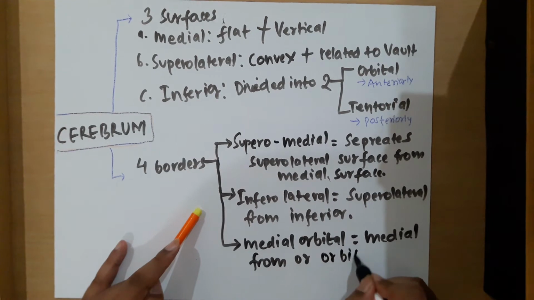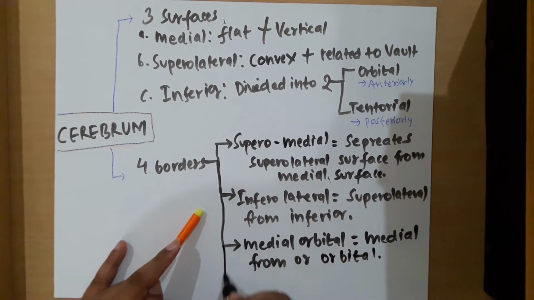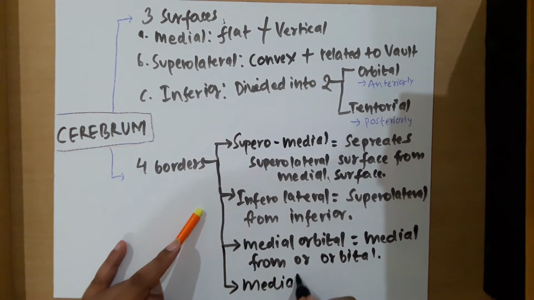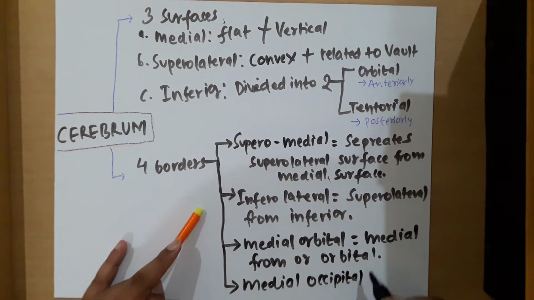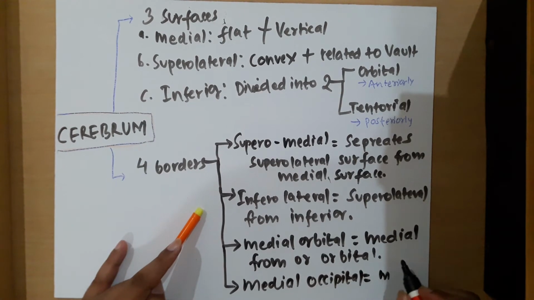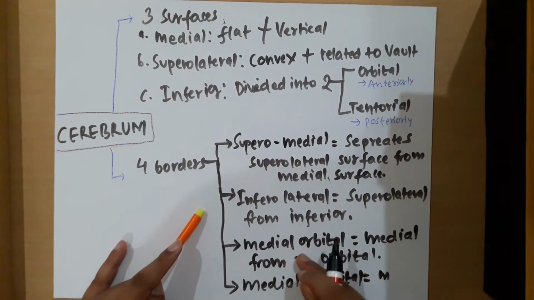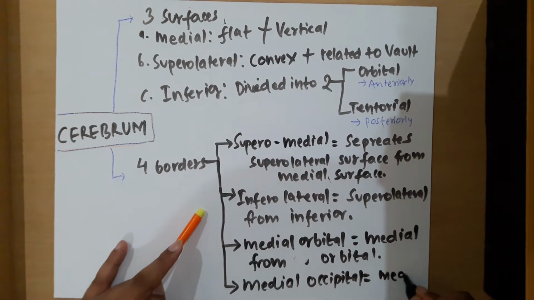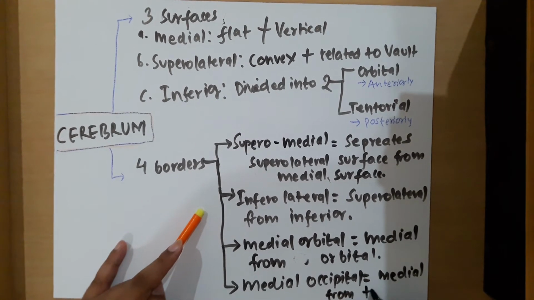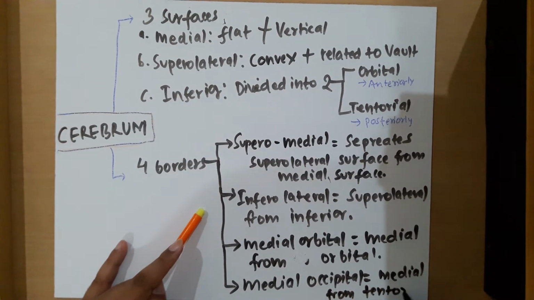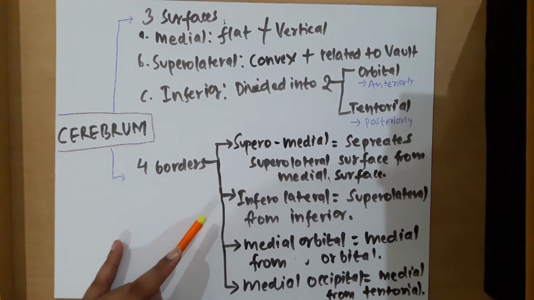And we have the final border, that is the medial occipital border. This is separating the medial surface from the tentorial surface.